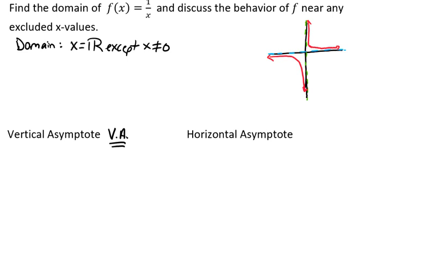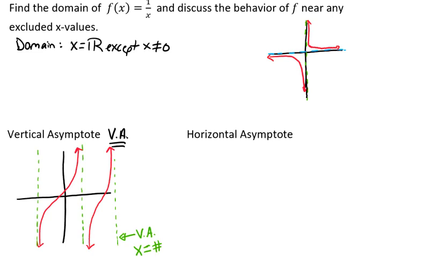So vertical asymptote, I'll be using VA for short. Let's take a look at a graph right here. This looks very similar to what we might see as a tangent function. And when we graph a tangent function, we have these places where the graph never gets to. It gets close, but it never crosses it. It's never actually that value.